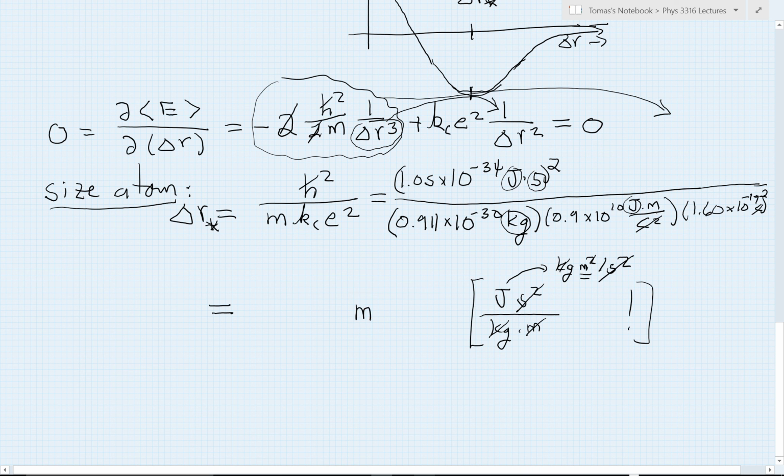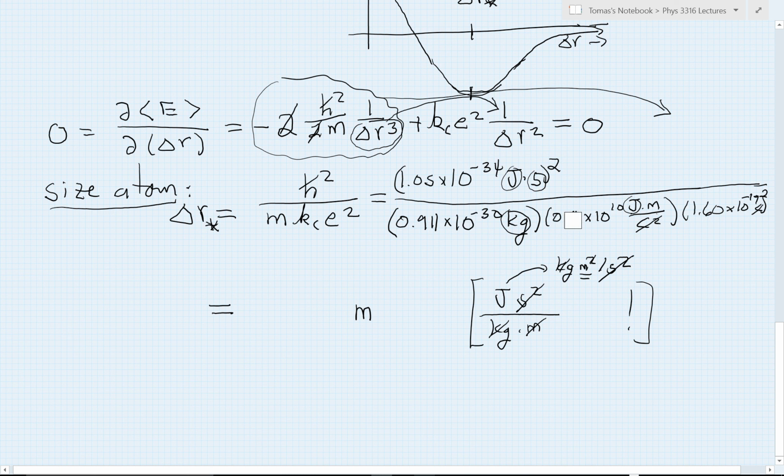Now, next, powers of 10. And this is an order of magnitude estimate. So follow along with me, because it's kind of fun to get this answer in your head, right? So 10 to the minus 34 squared would be 10 to the minus 68. When I divide that by 10 to the minus 30, that's like multiplying by 10 to the 30. 10 to the minus 68 over 10 to the minus 30 is 10 to the minus 38.